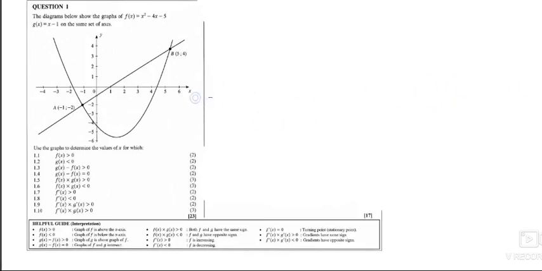Now, what you must understand is that we are going to be using both algebraic ways to solve this and visual ways to look at this. Algebraic solving.